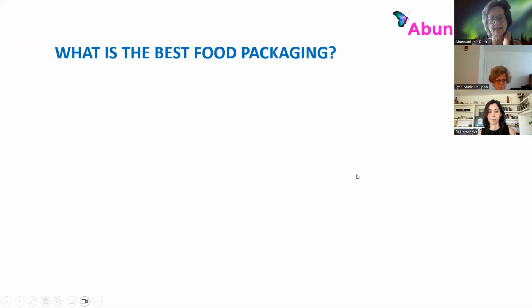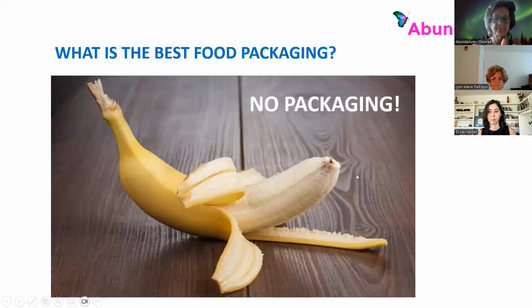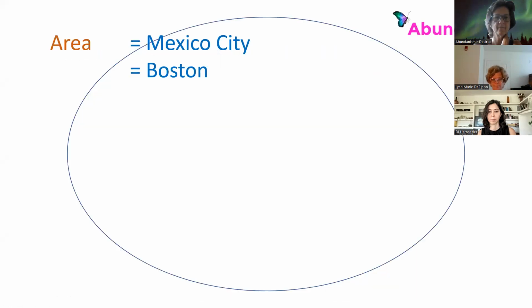So if we then look at the area, how do I start designing a system? I always start by taking a local area. And in regeneration, we talk about bioregions.